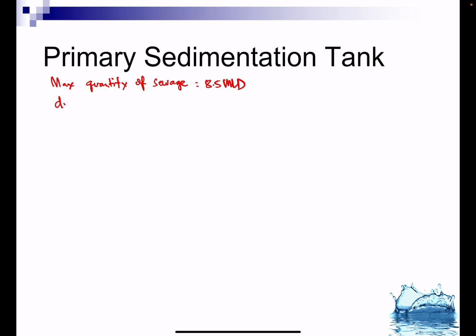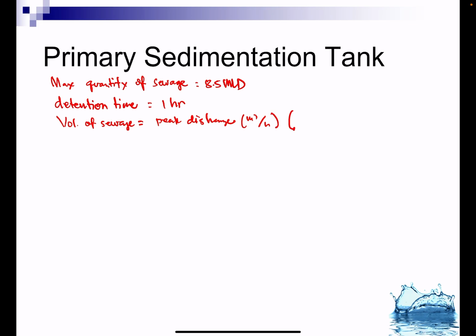You again assume a detention time. Assuming your detention period is 1 hour, you get the volume of your sewage to be, again, your peak discharge in, say, cubic meter per hour times the detention time in hours.